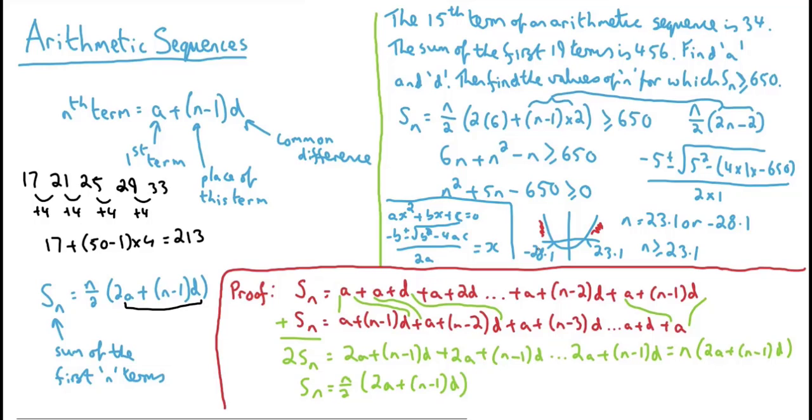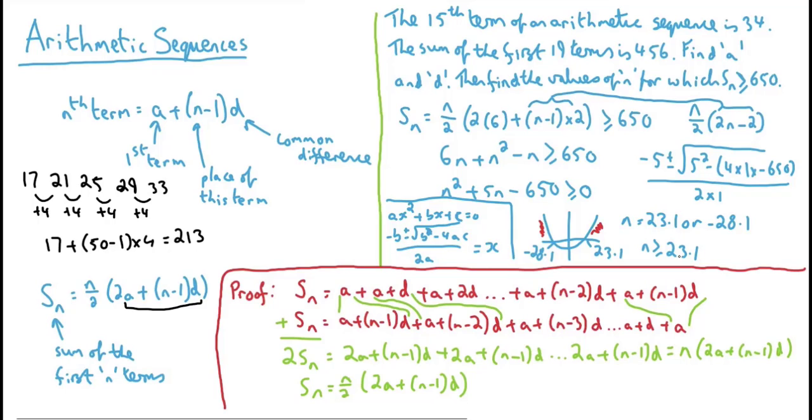23.1, because we cannot have a negative n value. You can't have a minus 28th place in a sequence. The smallest value n can take is 1 for the first term. And in turn, because n has to be a whole number, you can't have not only a negative n term, you can't have a decimal term, because you can't have like half a term in a sequence.